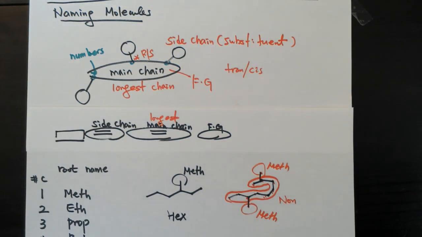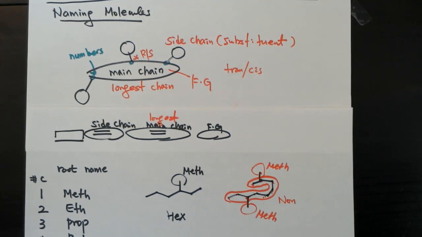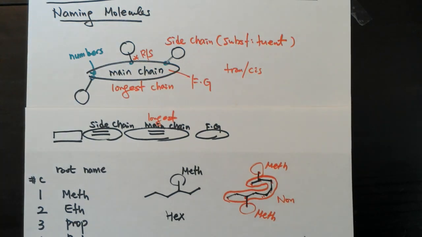The second thing we will do is finding the type of bonds and the functional group that you have in order to give number and ending name.